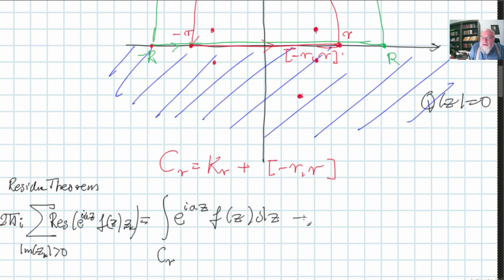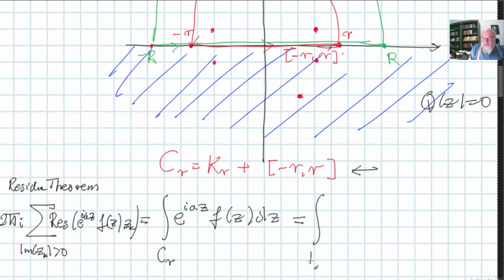So what happens on the right-hand side of this equation? I can use the formula that tells me that if you have a contour, you can split this integral into two integrals.